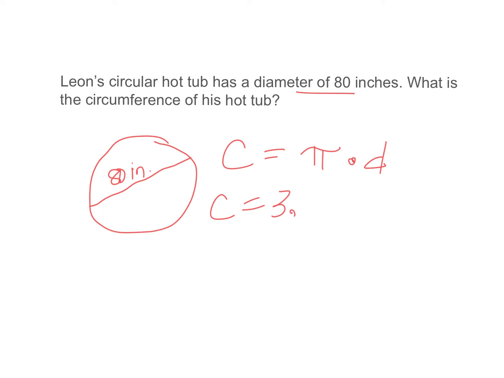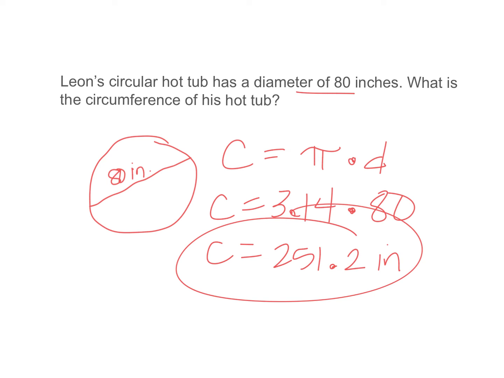So 3.14 times 80. And I see what that is. And I get C equals 251.2 inches.